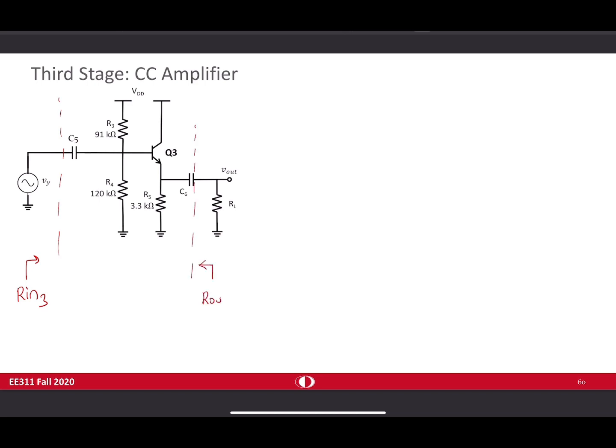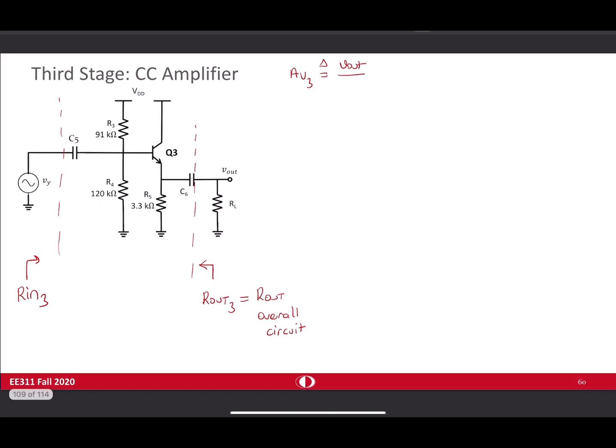Rout3, which is in fact Rout of the overall circuit. And the gain AV3 is defined as Vout divided by Vy.